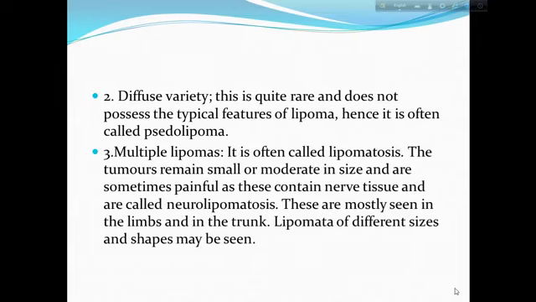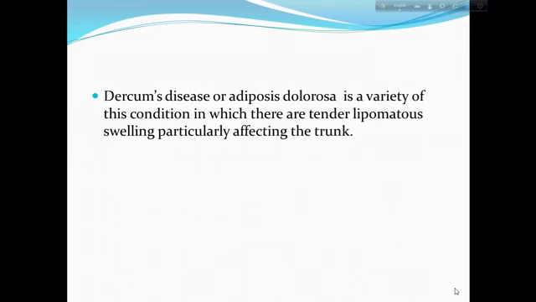These are mostly seen in the limbs and in the trunk. Lipomata of different size and shape may be seen. Dercum's disease or adiposis dolorosa is a variety of this condition in which there are tender lipomatous swellings, particularly affecting the trunk.